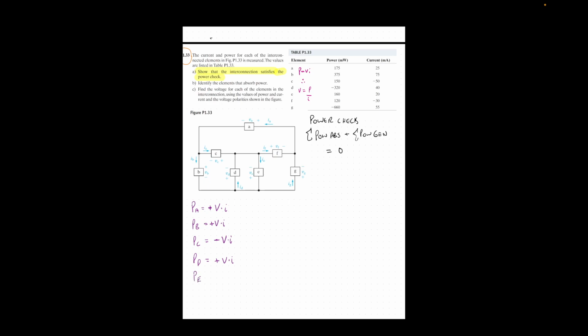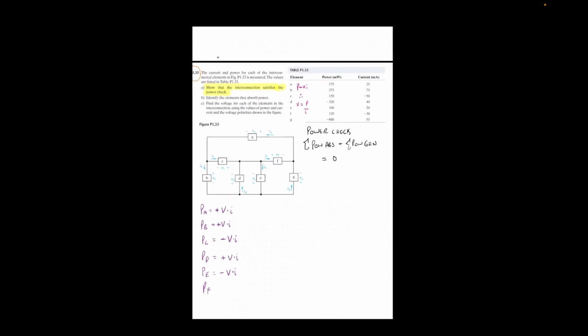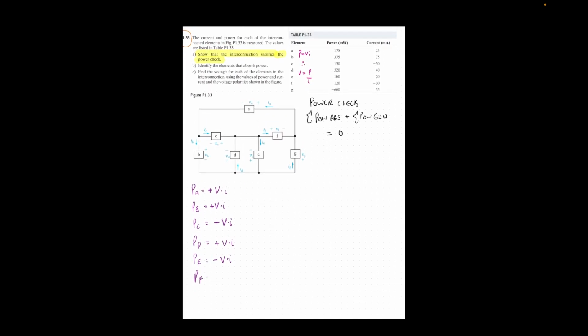Now, for my power through E, I'm going to have a voltage rise, so I'm going to write my negative V times I. My power through F is going to be positive V times I. My power through G will be positive V times I. Now, like I said before, we were ahead of the game, so we identified that we're missing voltage.